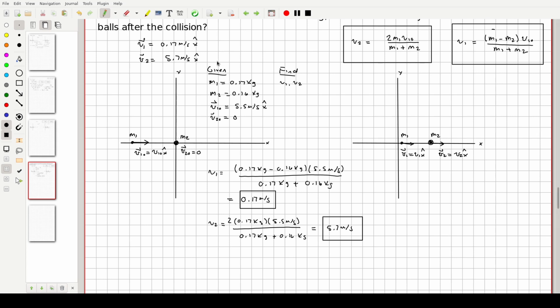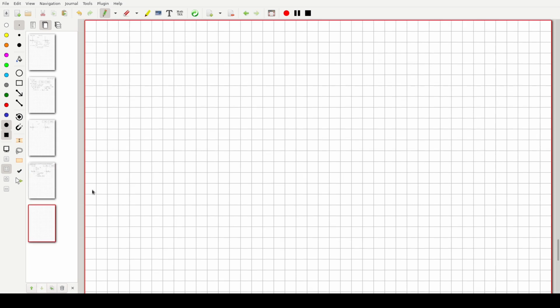Okay? Now, one of the other conditions under which we derived this was that M2 is at rest. What if they're both moving? Okay, so there is something that you can do when you have both of your masses moving before the collision.